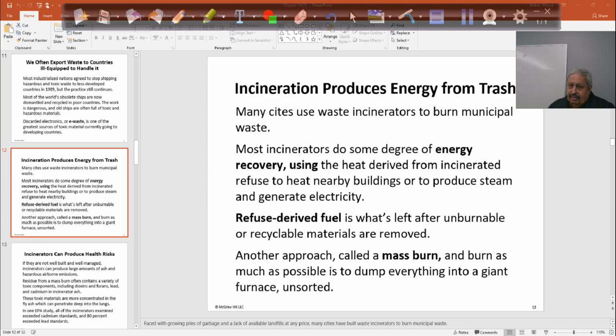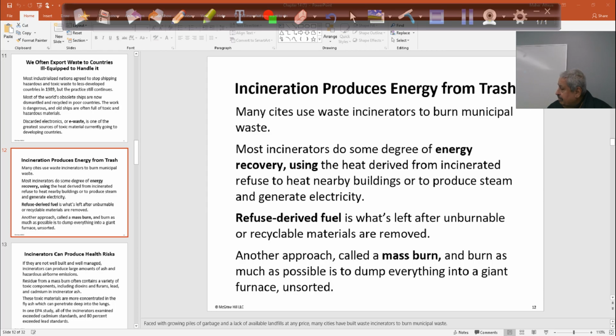Most incinerators do some degree of energy recovery, using the heat derived from incinerated refuse to heat nearby buildings or to produce steam and generate electricity. As I said, there is no other way right now, but in the future we will need to stop even burning any of this waste and come up with much better ideas to get rid of it.